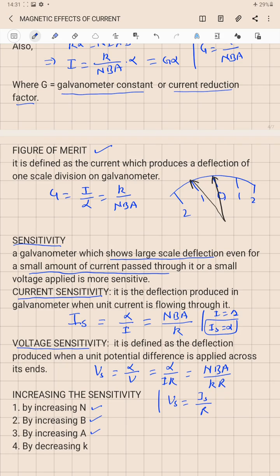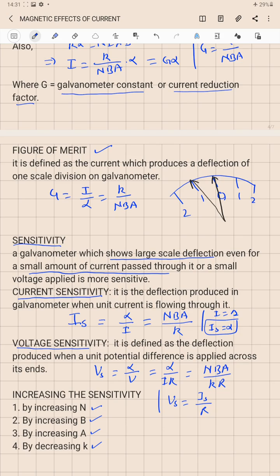And last, by decreasing the torsional constant. You can see that current sensitivity as well as voltage sensitivity are both inversely proportional to the torsional constant. So the lesser the value of the torsional constant, the greater will be the current or the voltage sensitivity.